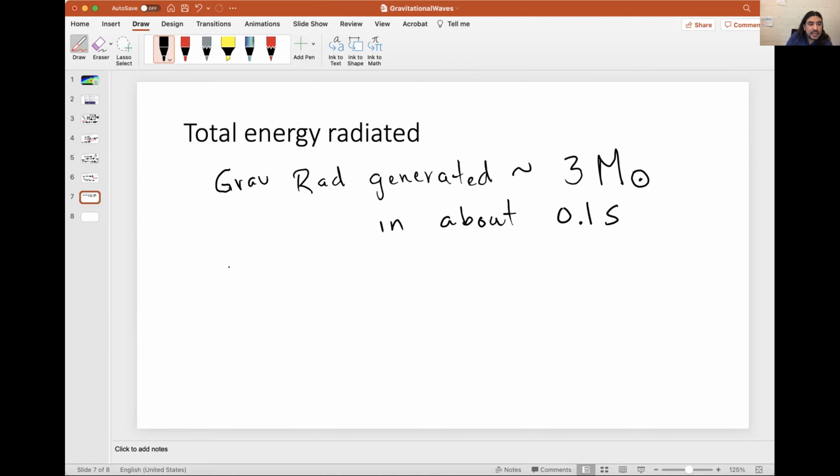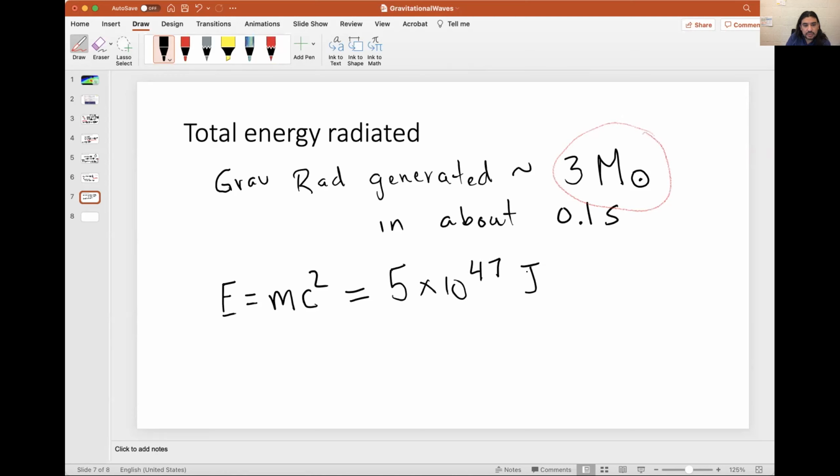So we could look at Einstein's equation, E is equal to mc squared. With a mass of about 3 solar masses, we can stick that in there, and we would get that the energy radiated was about 5 times 10 to the 47 joules.